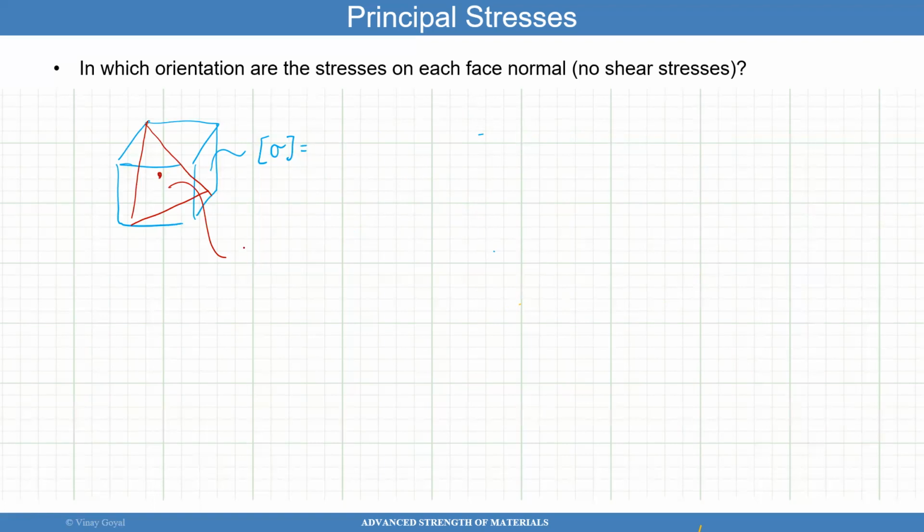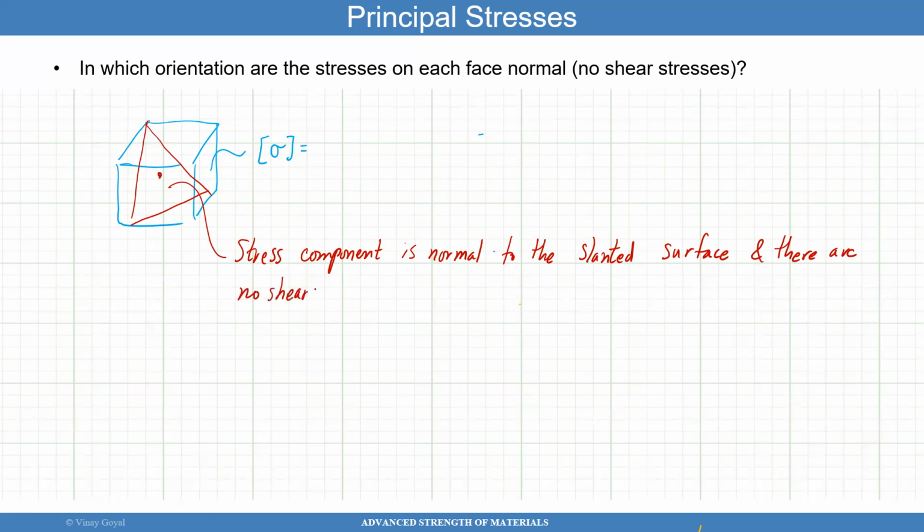So the stress component is normal to the slanted surface and there are no shear stresses tangential to the slanted surface. And hopefully that question is quite clear.